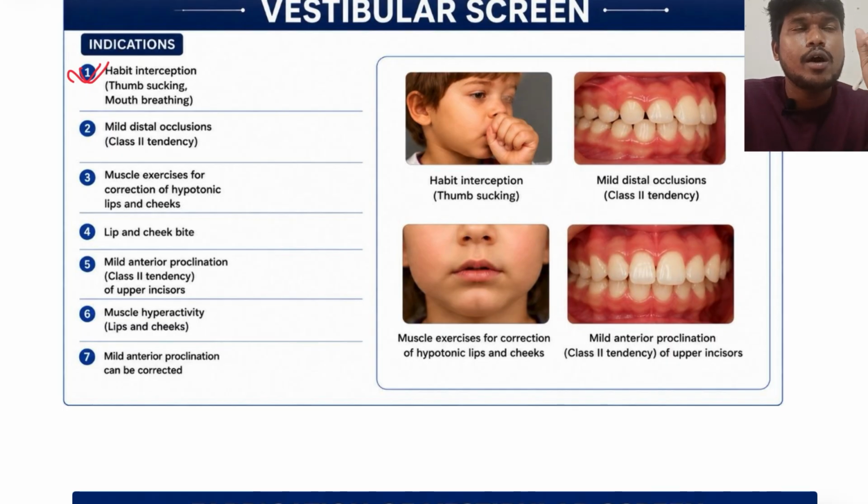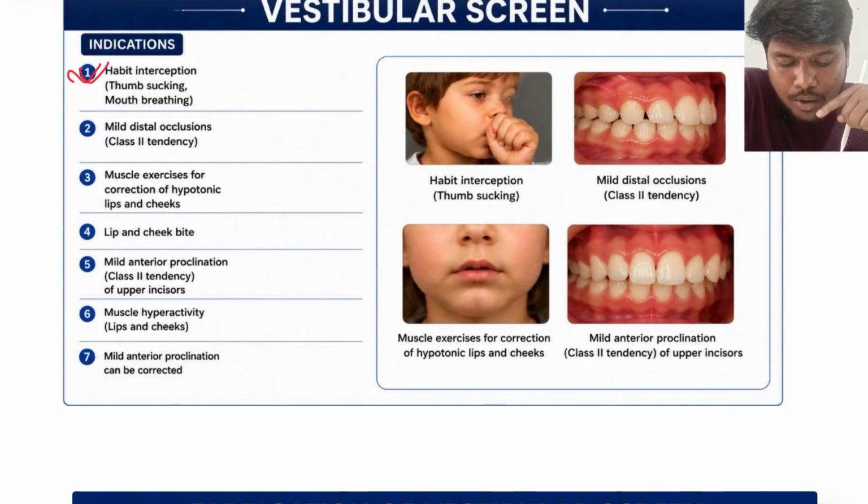Now if I give you a vestibular screen, it will be in your mouth, right? So you will not suck the thumb again. Okay, so this is the way that your habit breaks actually. So mid-distal occlusions, and the patients who have a class 2 tendency.